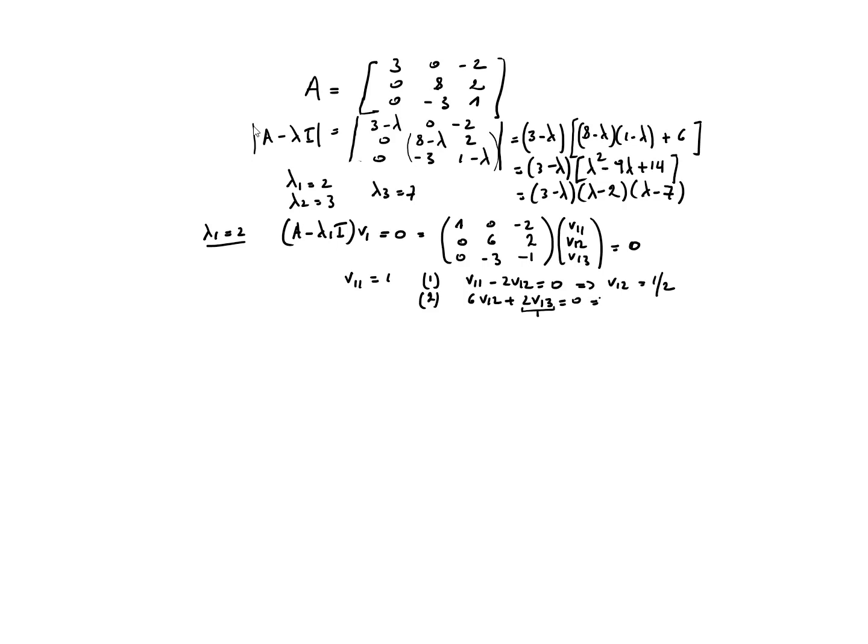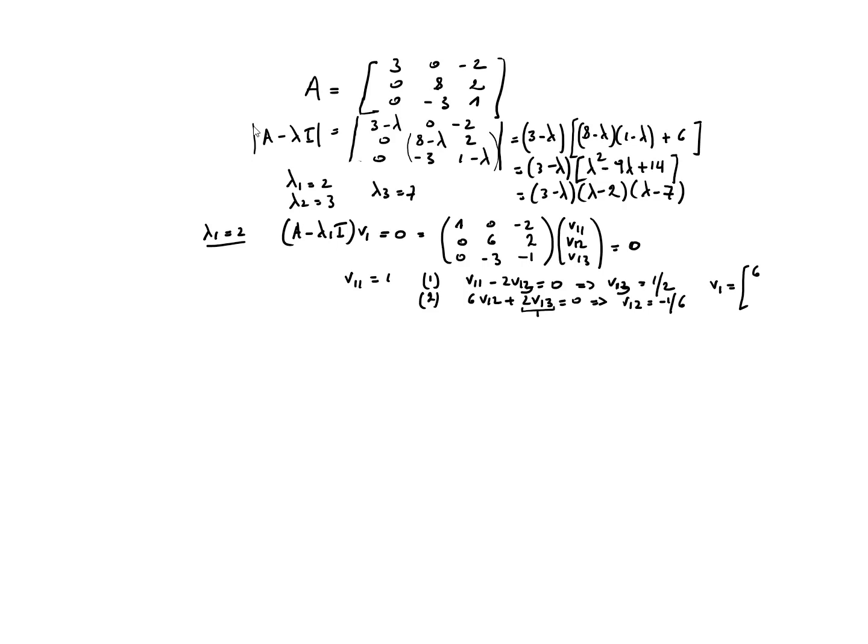Here it's a v13, sorry about that. So this is 1, and v12 is equal to minus 1 over 6. What we can do to construct v1 is simply multiply everything by 6.